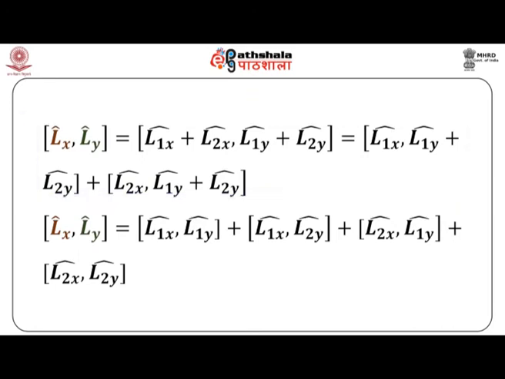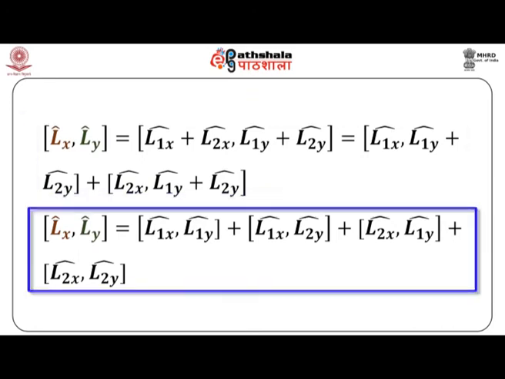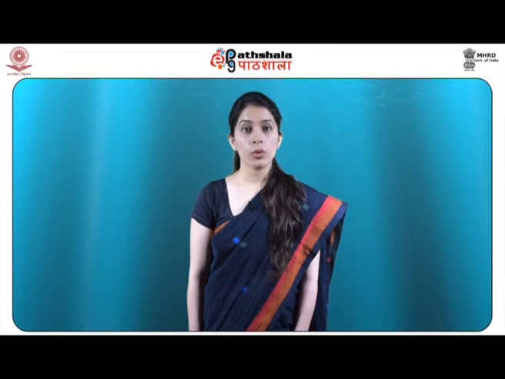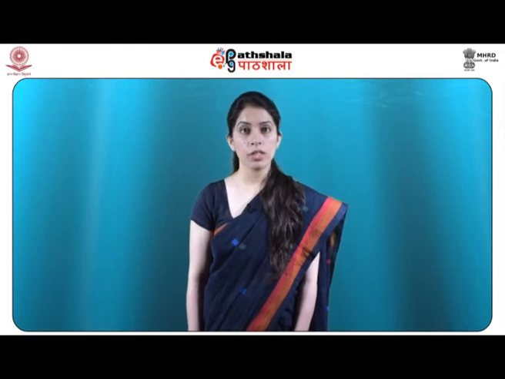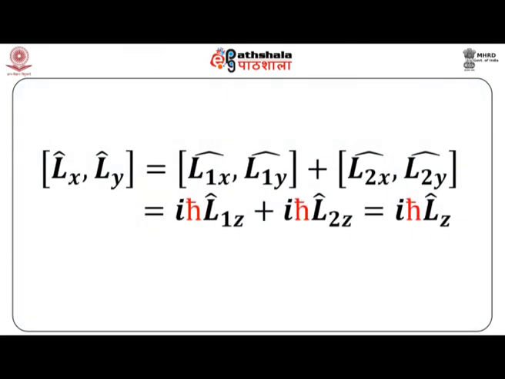This on further simplification gives the commutation of L1x L1y plus the commutation of L1x L2y plus the commutation of L2x L1y plus the commutation of L2x L2y. Now, we have already shown above that this expression simplifies, using the commutation relation of angular momentum components, to i h cross L1z plus i h cross L2z, which can be written as i h cross Lz.